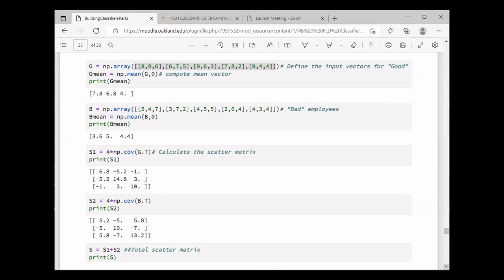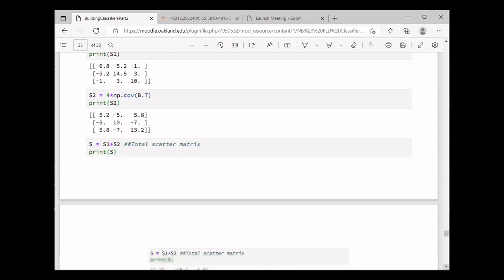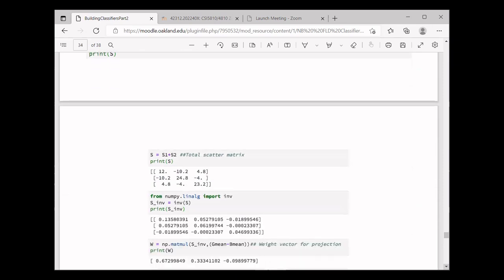So we have the mean vector for training examples representing good employees and the mean of training examples representing bad performance. Then we calculate S1 and S2, those are scatter matrices, as we have defined in the earlier sheet. So we get them, and then we get the total scatter matrix, which is S1 plus S2. So we are doing all the calculations that we need to do.